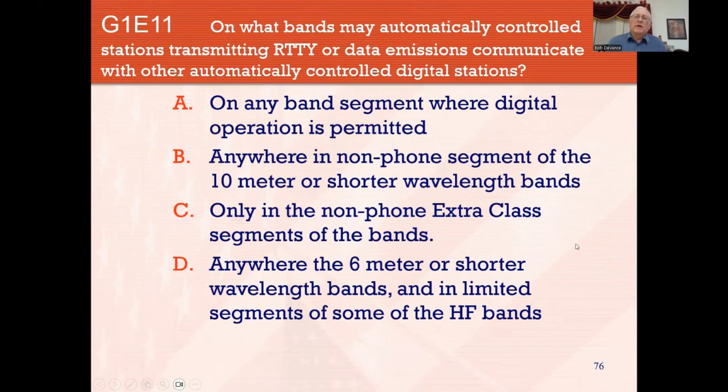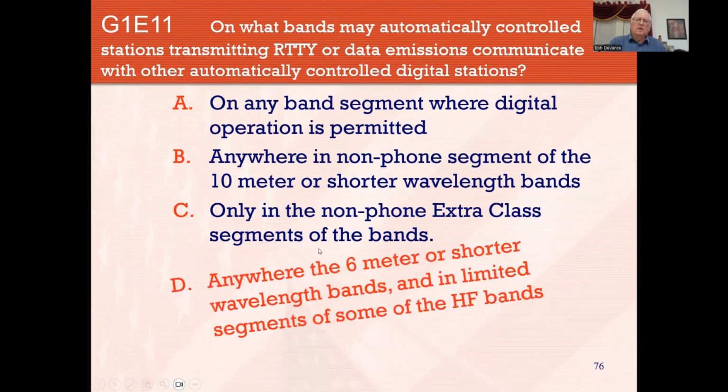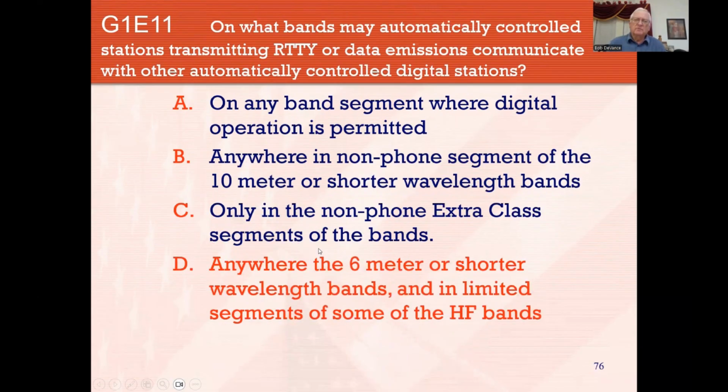What bands may be automatically controlled? On what bands may automatically controlled stations transmitting RTTY or data emissions communicate with other automatically controlled digital stations? Excuse me, sorry. D. Oops. No, not quite.